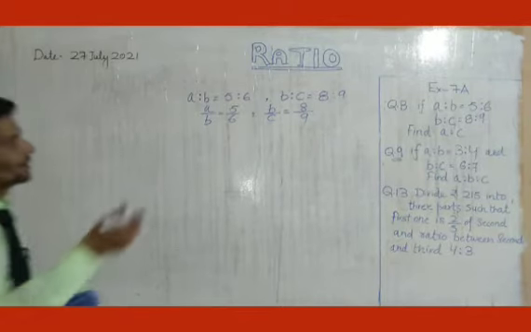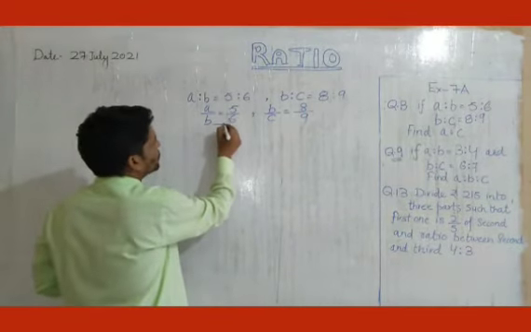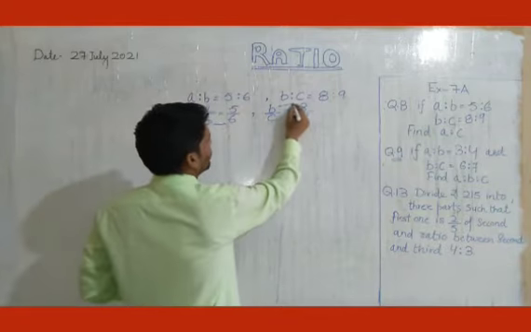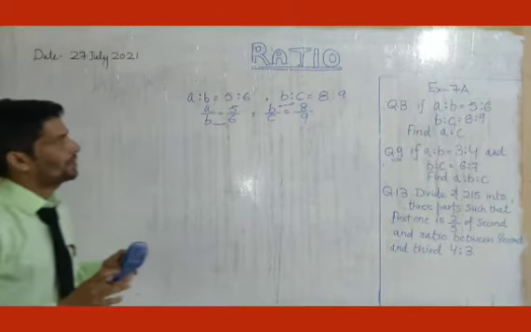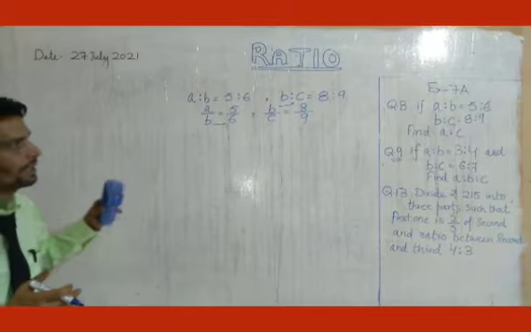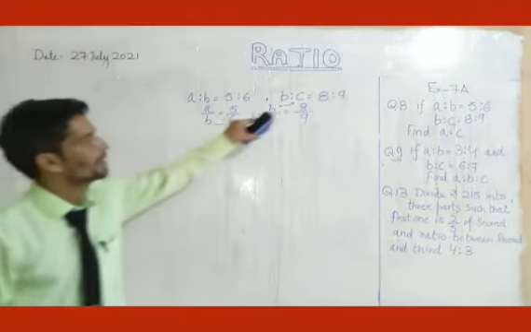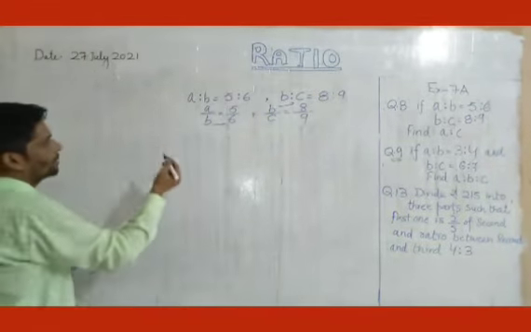So look here, B is 6 in one ratio and B is 8 in the other. To calculate the ratio between A, B and C, we have to make B equal.